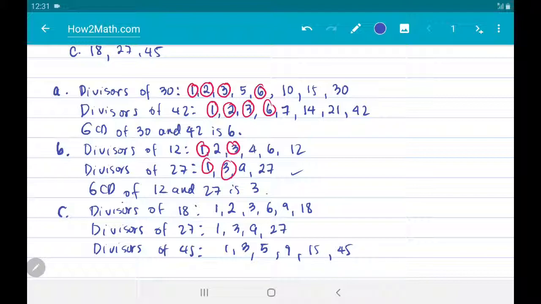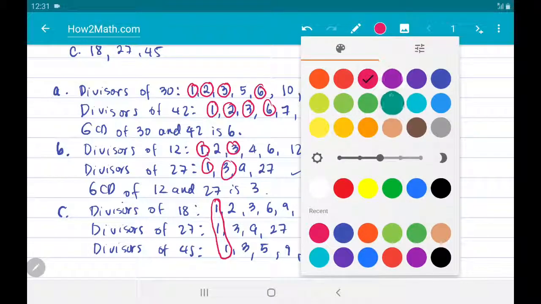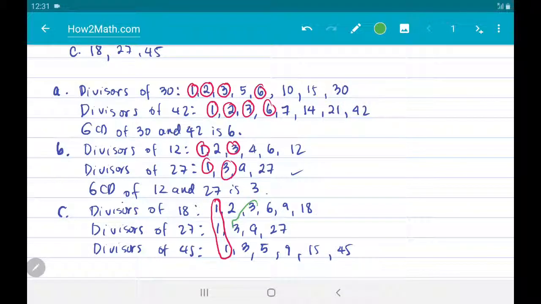So what are the common divisors of the 3 numbers? So we have 1. We have 3. Oh, sorry, I messed it up. 3 is also a common divisor. Maybe I should list it. Common divisors of 18, 27, and 45.